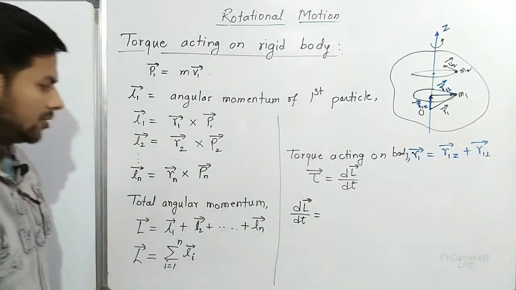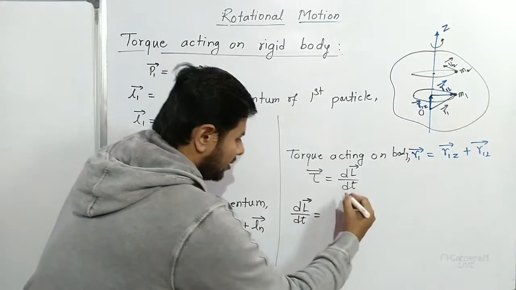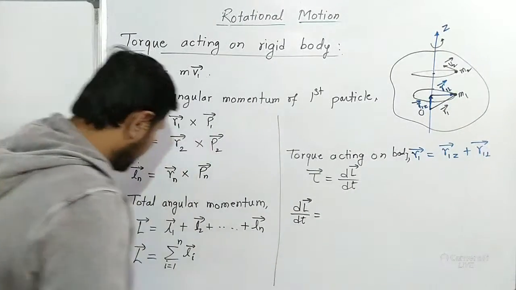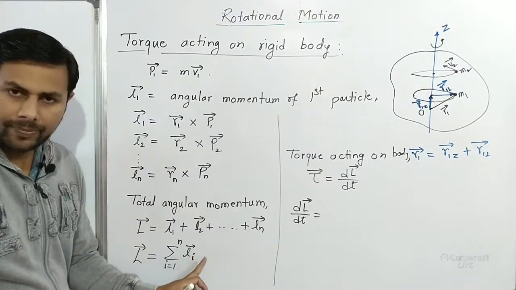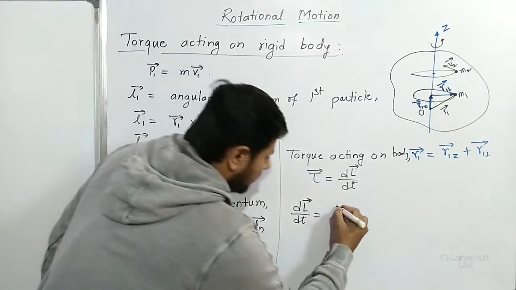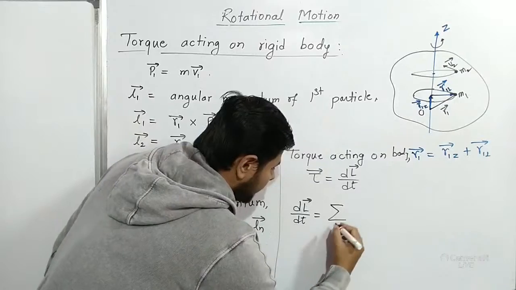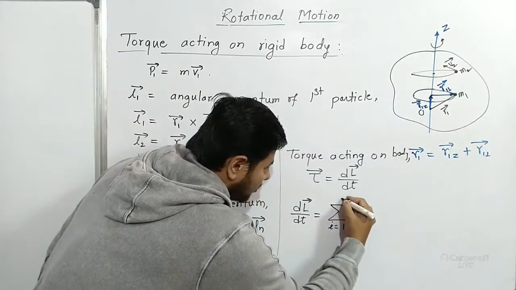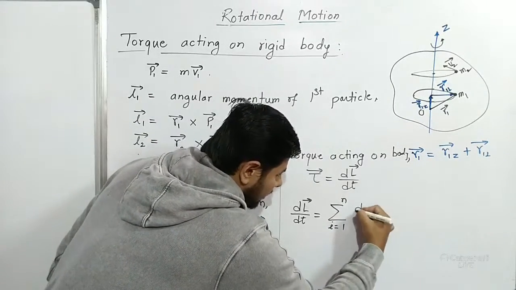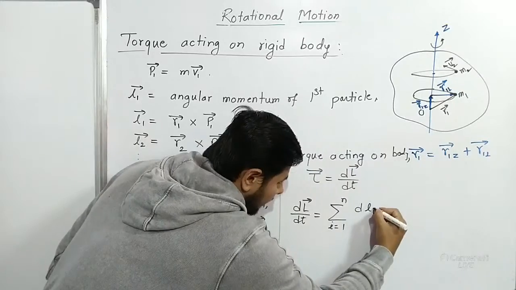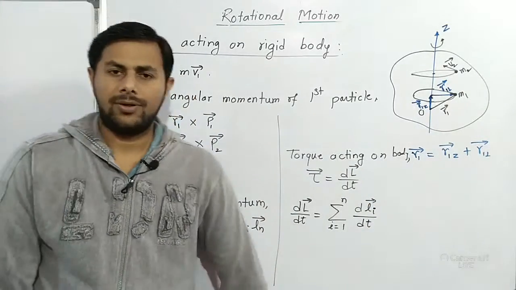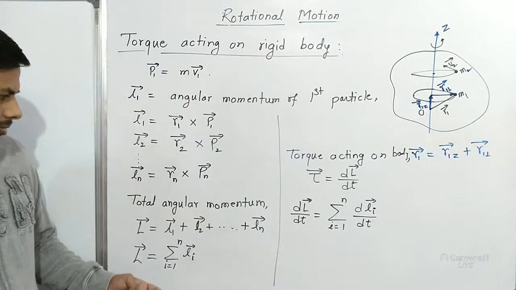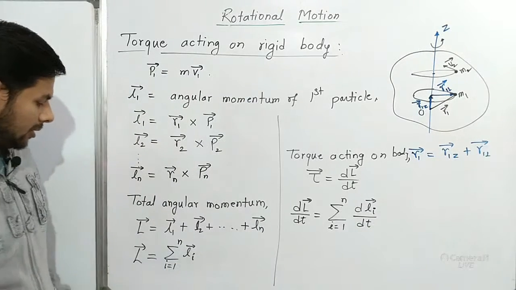If I write L bar as the summation of Li bar, then dL bar by dt is the summation, i from 1 to n, of the derivative of Li bar with respect to time.